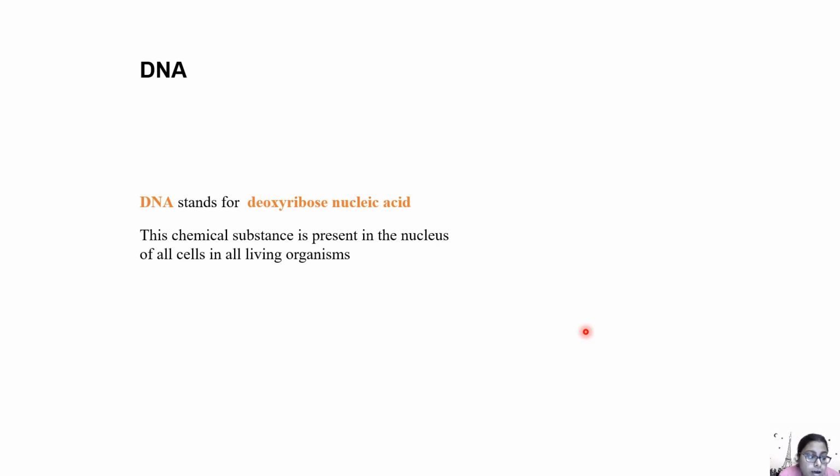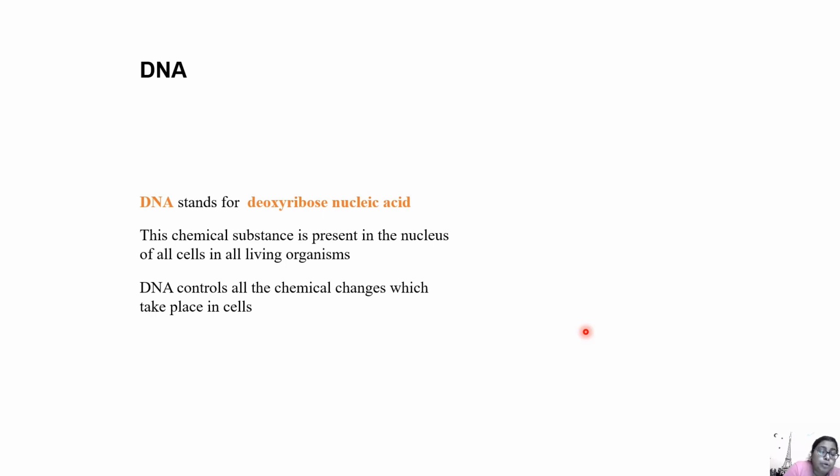It basically transfers genetic information through generations, and it also controls all the chemical changes which take place inside the cell. So whatever information your DNA is encoding will give rise to the complementary mRNA. DNA will give rise to the mRNA via the process of transcription, and then mRNA will form protein by the process of translation.